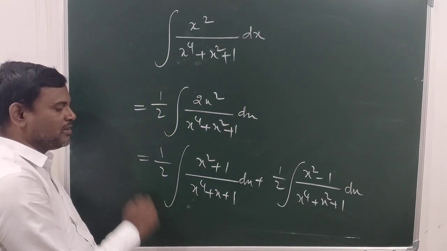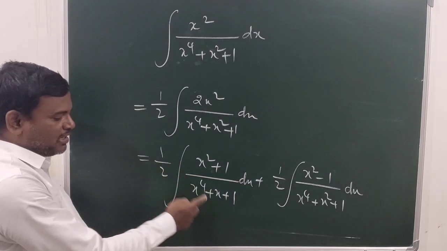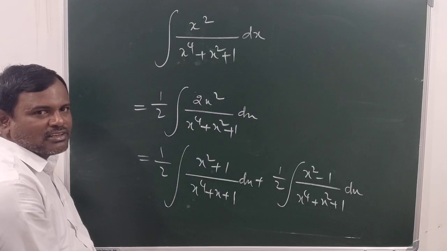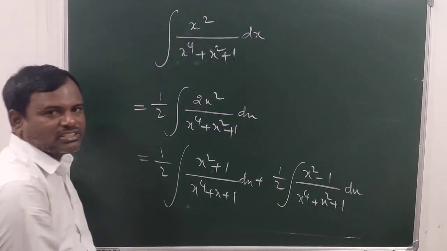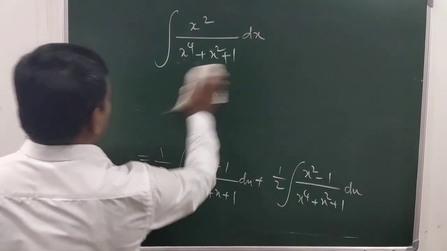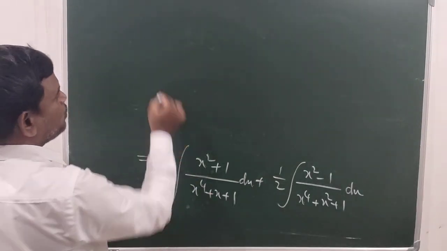So hereafter, you have to take x square common from the numerator and denominator. Later on you have to take x minus 1 by x equal to t. There also x minus 1 by x equal to t. If you do like that, what do you get in the numerator? Here for this, what is the substitution?